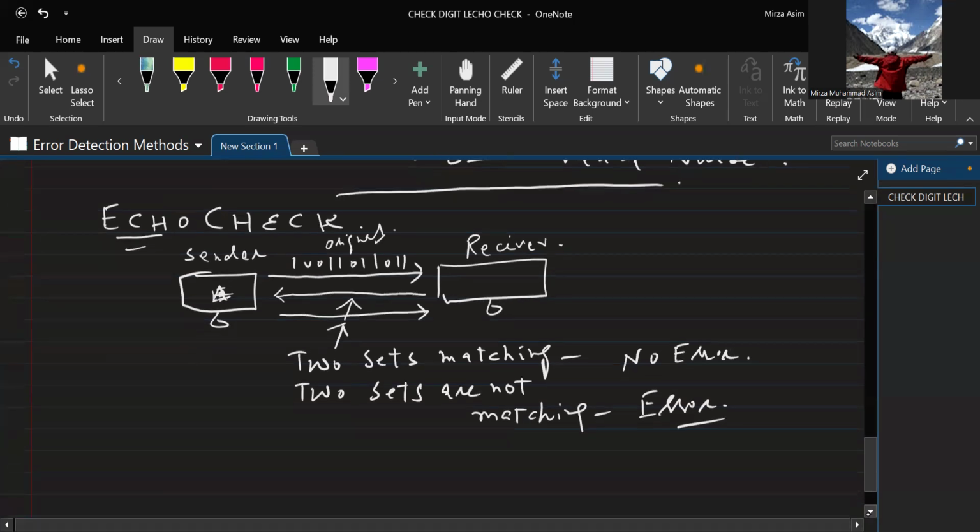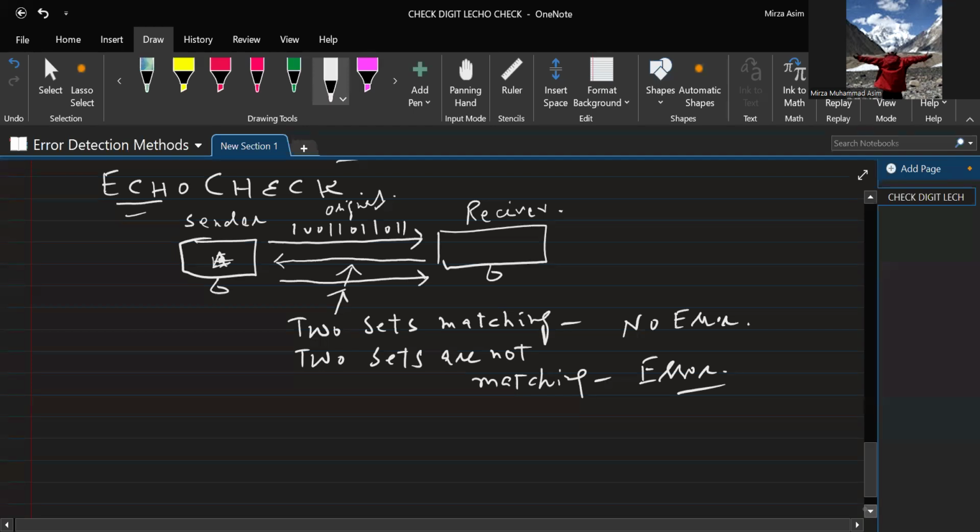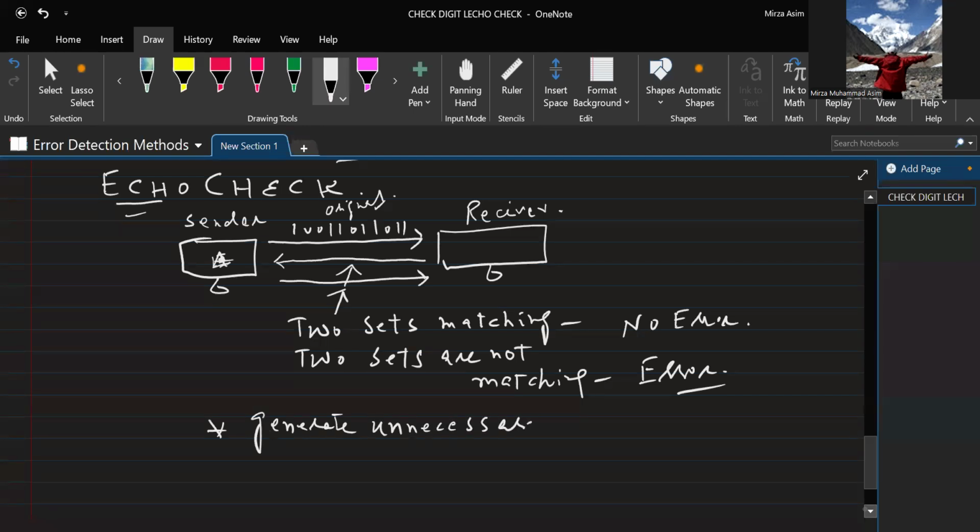The disadvantage of this error detection method is that it generates unnecessary traffic on the network, right?